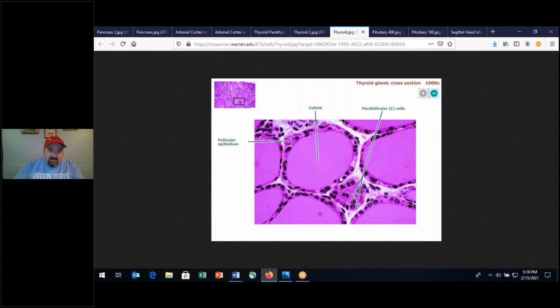And you can see here, we've got these spheres of tissues, okay? This is the area where we have colloid, and this is the precursor for thyroid hormone, okay? And then we'll talk about in the lecture regarding what the parafollicular cells produce, but it's not thyroid hormone. Okay, so we'll talk about calcitonin.